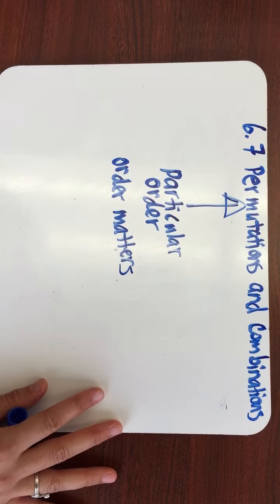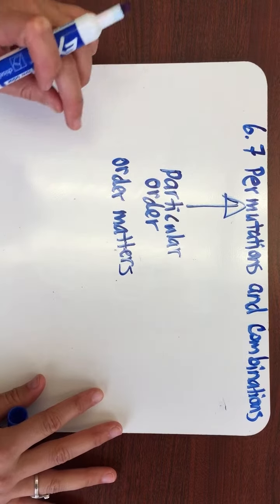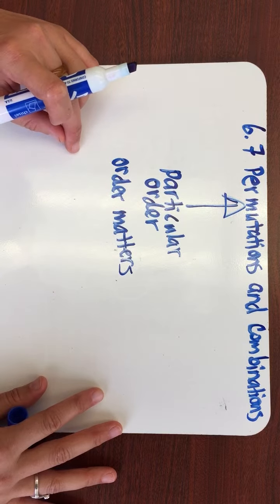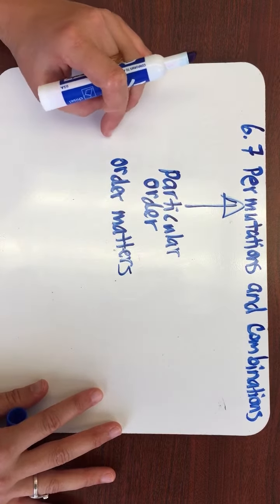For example, if we're ordering the 4 students in the 4 desks, then that would be a type of permutation where we're ordering all of them.